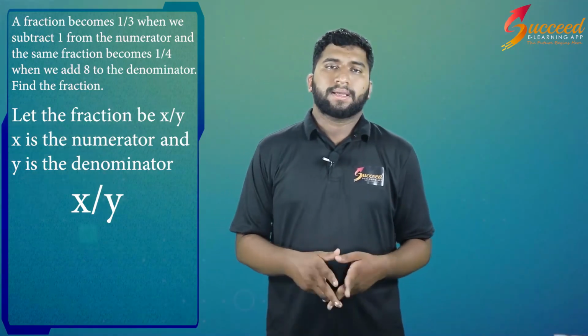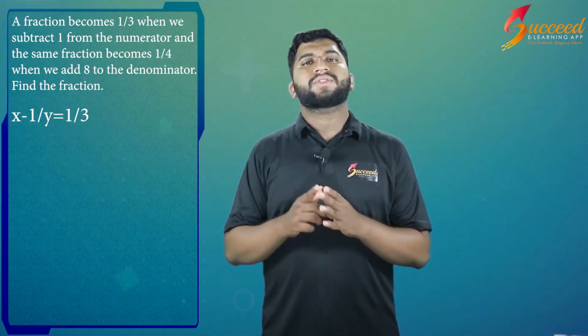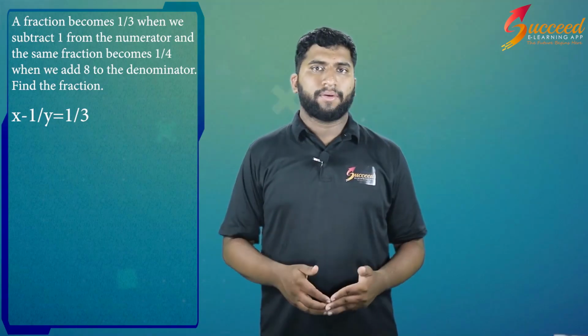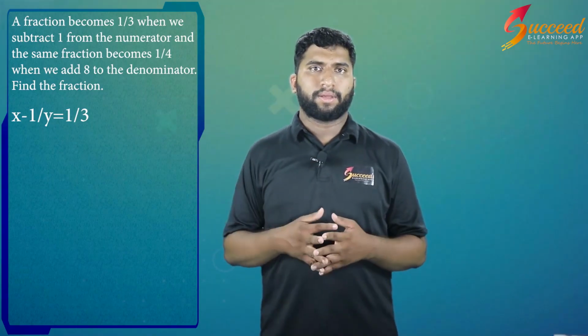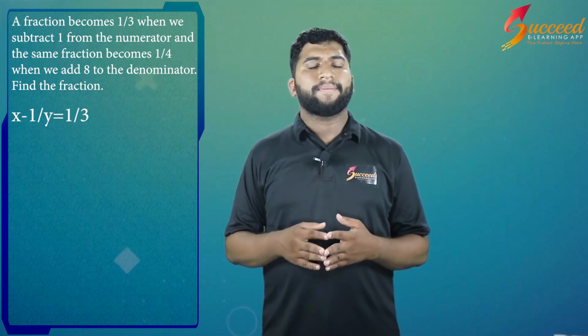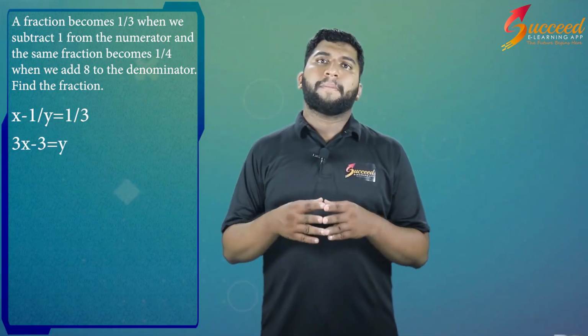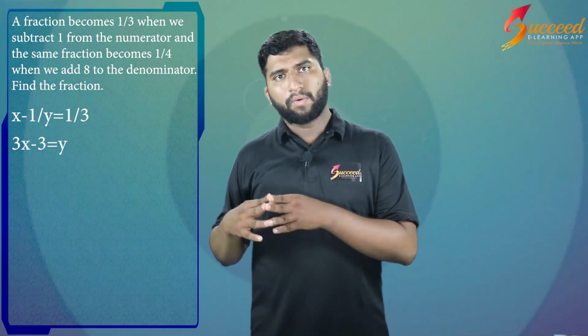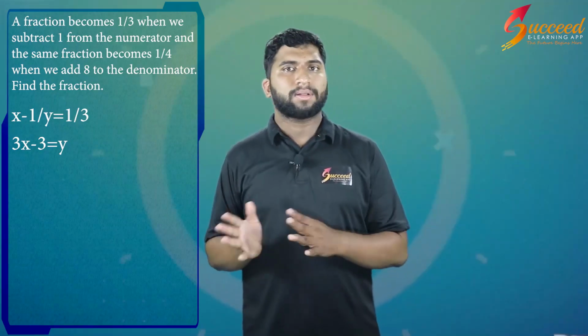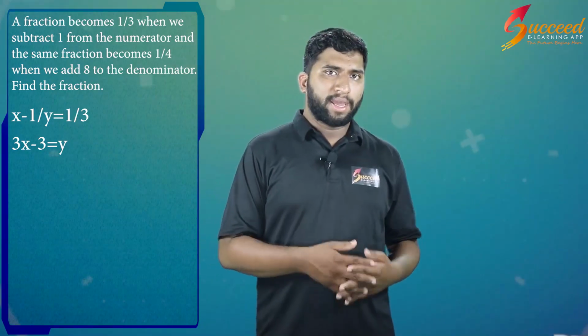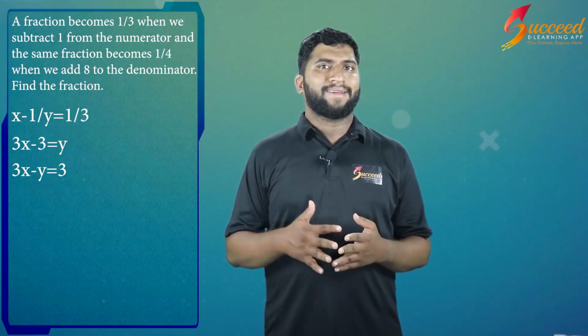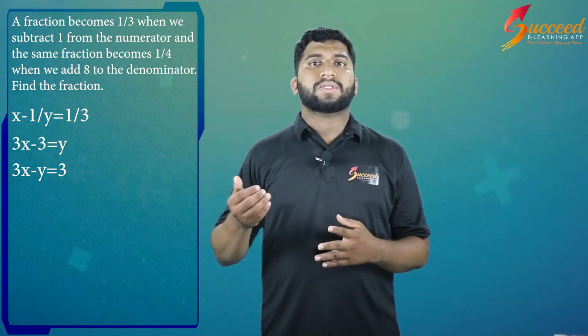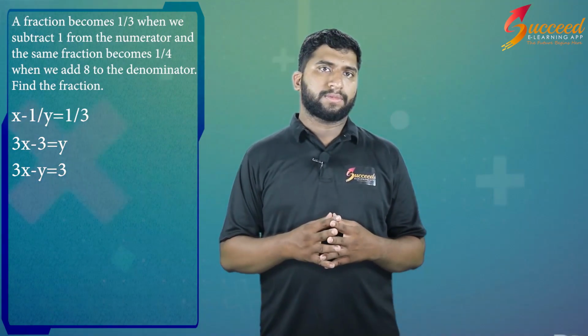So I can write it as x minus 1 divided by y is equal to 1 by 3. Now cross multiply, you will get 3x minus 3 is equal to y. Let x and y be on the same side, you will get it as 3x minus y is equal to 3. So this is your first equation.